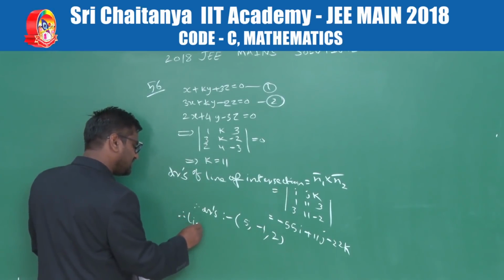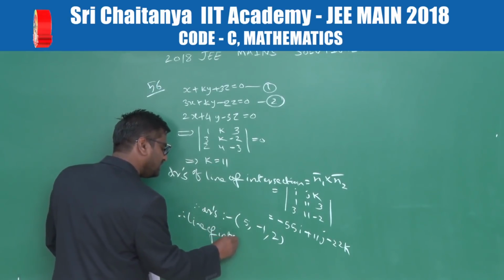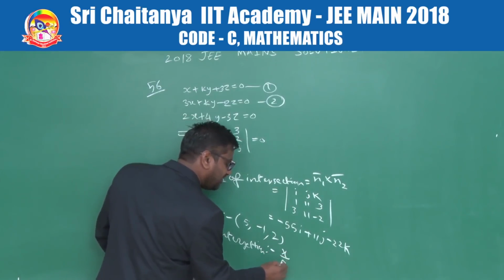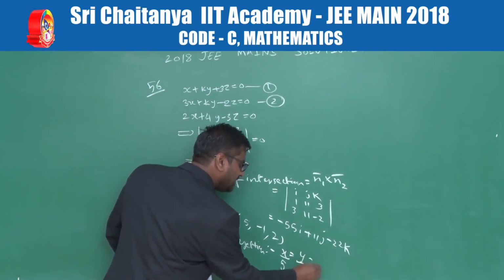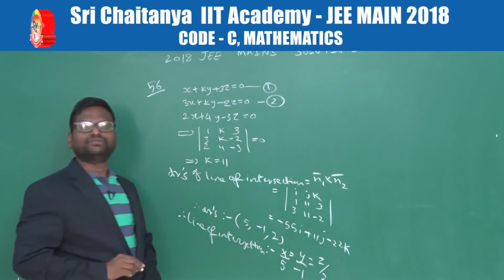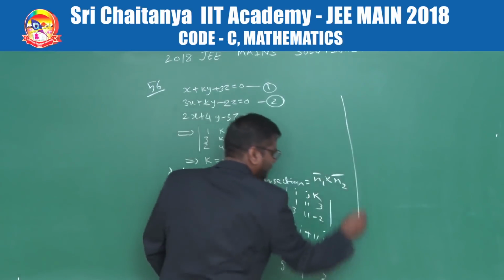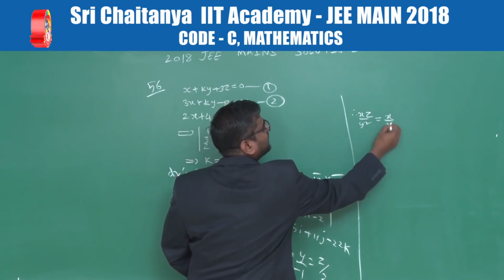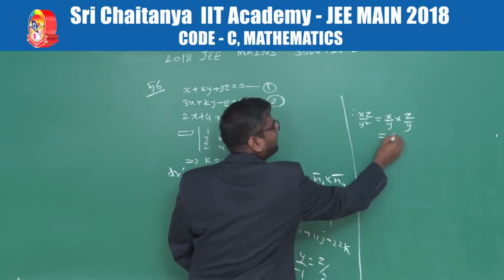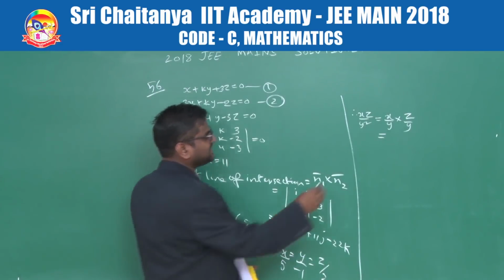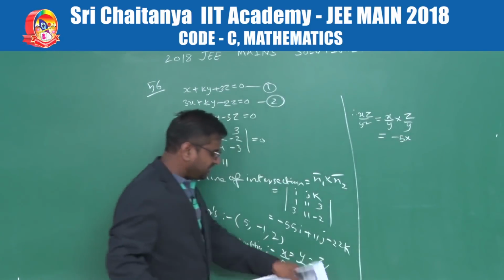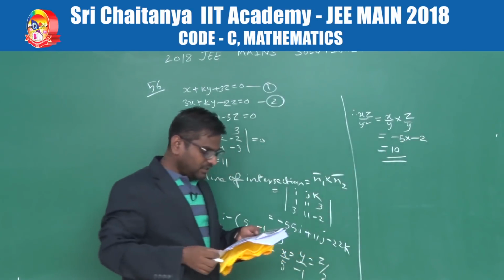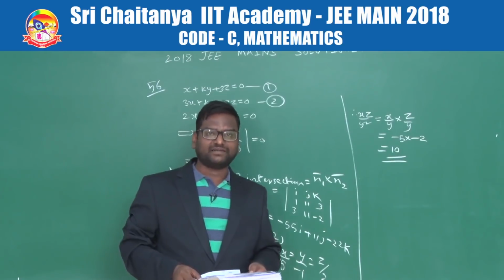Therefore, the line of intersection is given by x by 5 equal to y by minus 1 equal to z by 2. Therefore, we want xz by y square, that is x by y into z by y, but x by y you can see is minus 5, and z by y you can see is minus 2, that is equal to 10. Therefore, option 1 is correct.